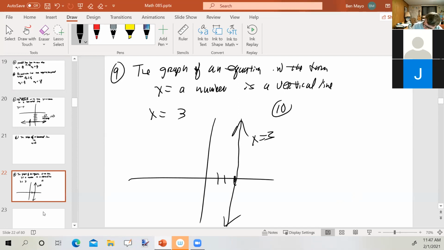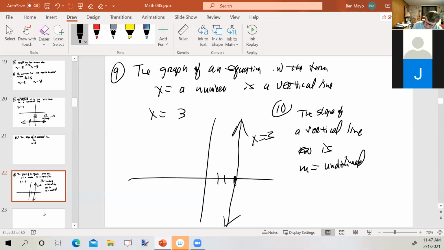And 10, the slope of a vertical line is undefined, because you're going up or down divided by 0 run. Anything divided by 0 is undefined. Okay.